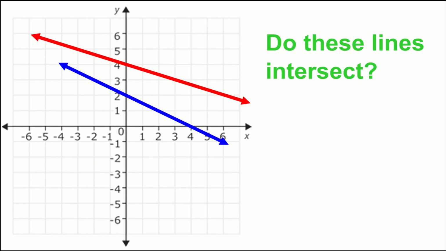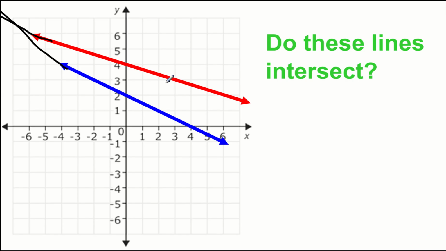So let's take these two lines here. Do these lines intersect? Yes. If each of these lines kept going, my line's not perfectly straight, but we get the idea, they would intersect.